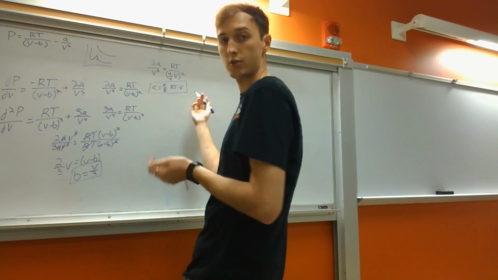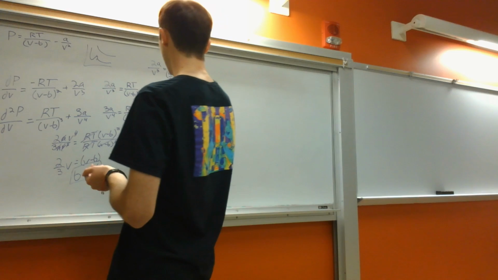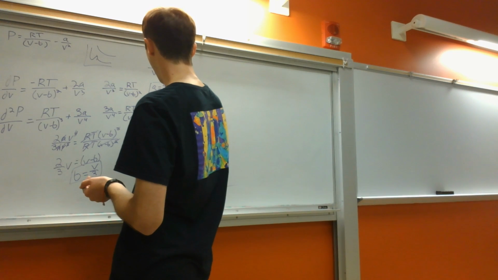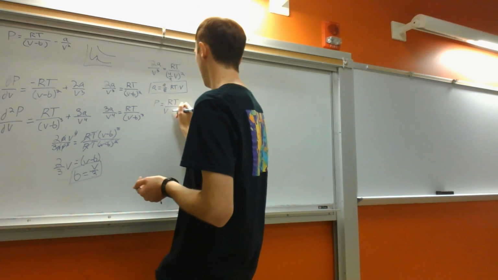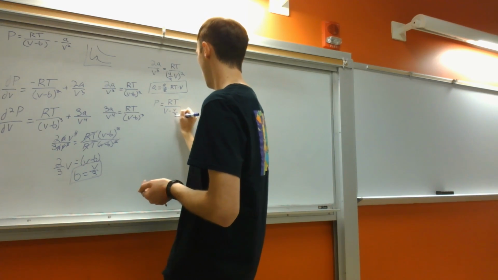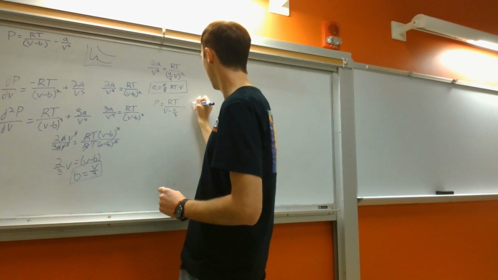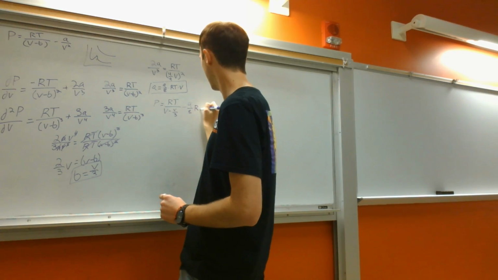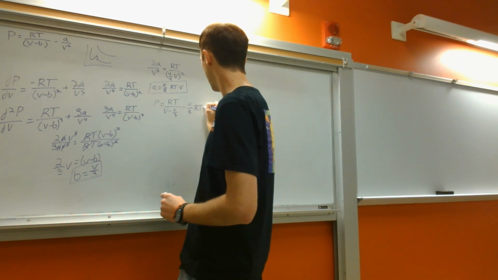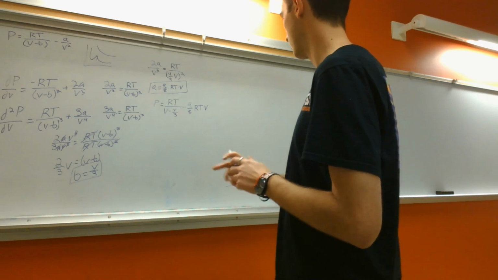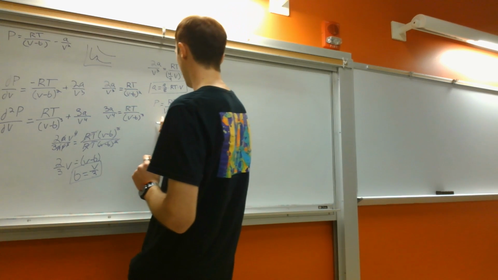So we can punch these back into our original equation, which would yield us P is equal to RT over V minus V over 3 minus 9 over 8 RT times V. Okay, so we can continue to break this down.